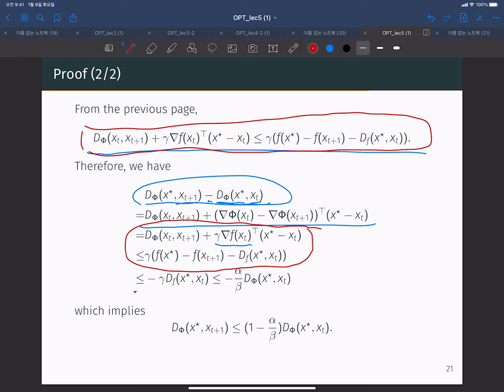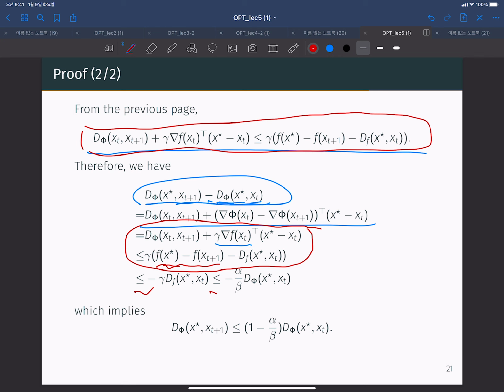And for this inequality, I can use the fact that x star is the minimum point, so f(x star) is always less than or equal to f(x_t). So this becomes negative.